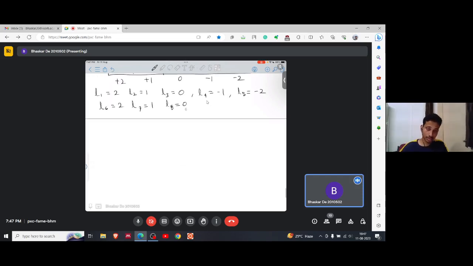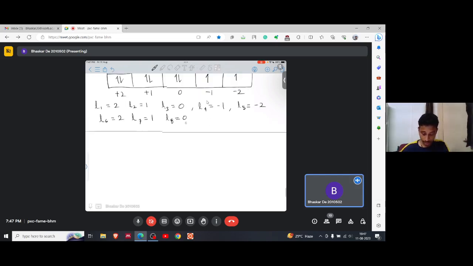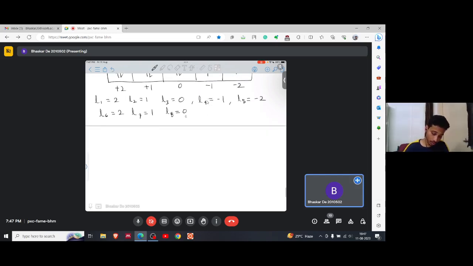So these are the orbital angular momenta for different electrons. There are 8 electrons, so there are 8 small l's.